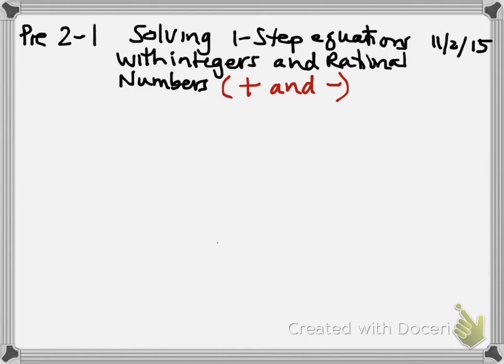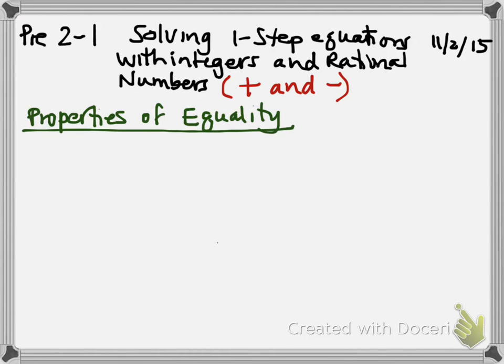So let's first talk about our properties, and they are called properties of equality. Anytime you hear equality as part of a name, what that's basically telling you is that there's an equal sign involved, and what you do to your equation is done to both sides of the equation, okay?